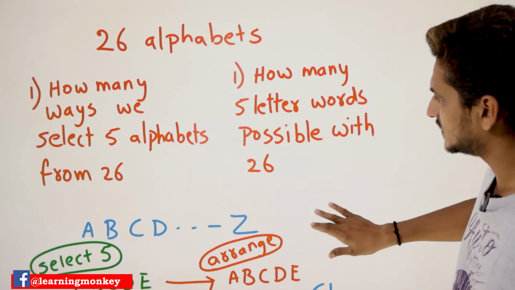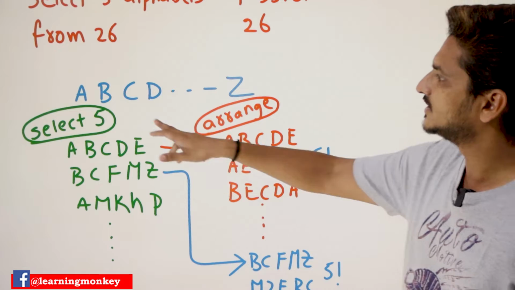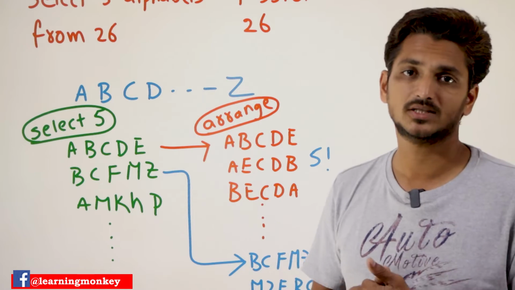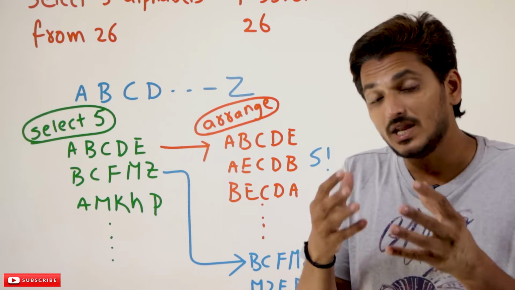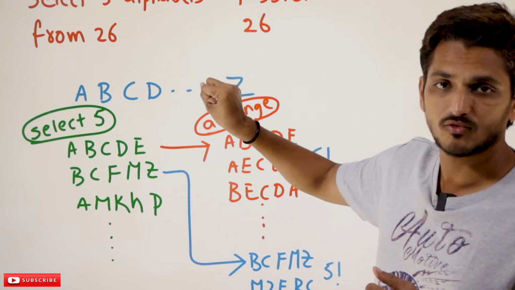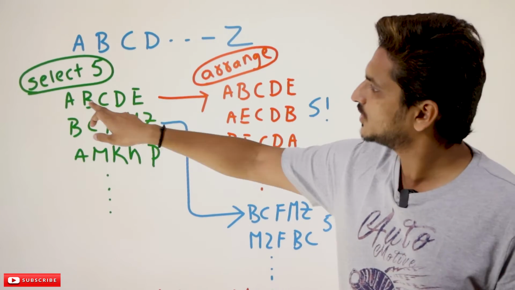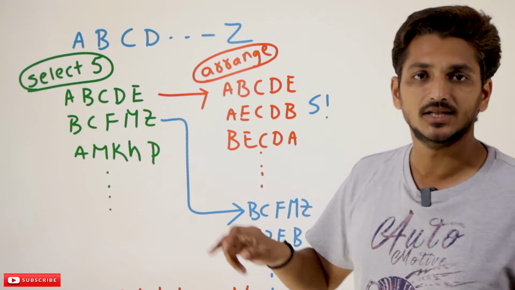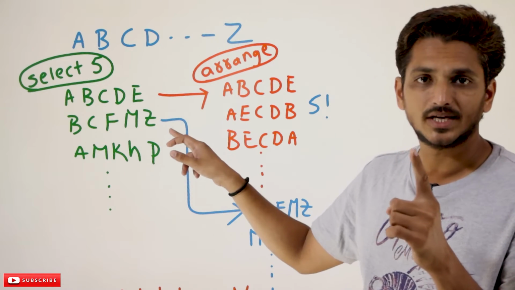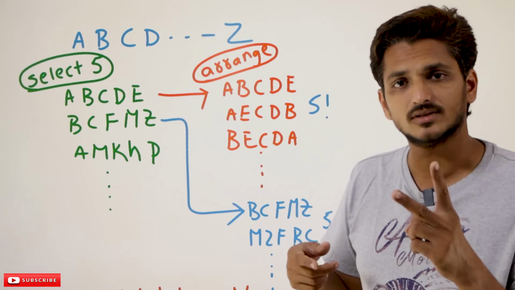With the same example, we will show it like this. A, B, C, D up to Z. These are the 26 alphabets. From this, how many ways are you going to select 5 alphabets? From these 26 alphabets, you can select A, B, C, D, E. This is one selection. B, C, F, M, Z. This is another selection.